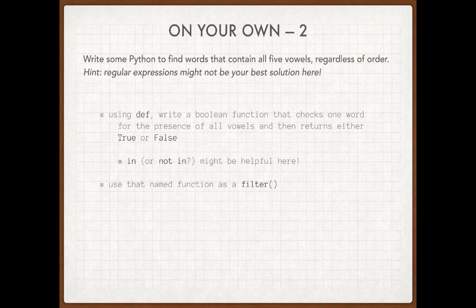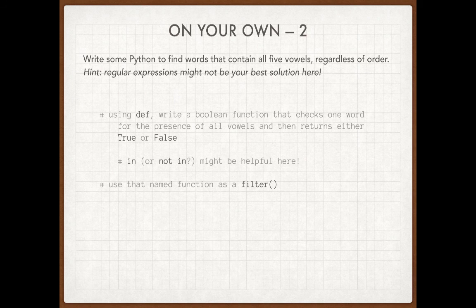So here's what I would do, how I would handle that. It's an interesting puzzle to work on, and it gives you some practice with Python. So using def, I would write a function, a Boolean function, one that just returns either true or false, and I would check to see whether all of A and E and I and O and U happen to exist in that word.